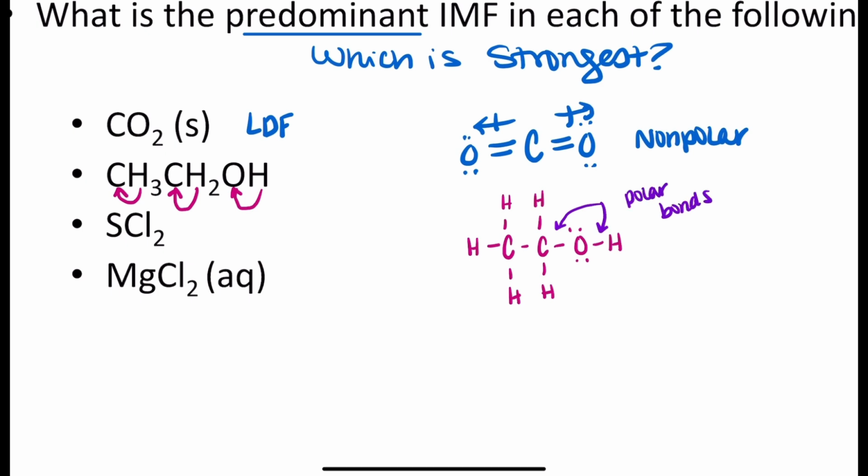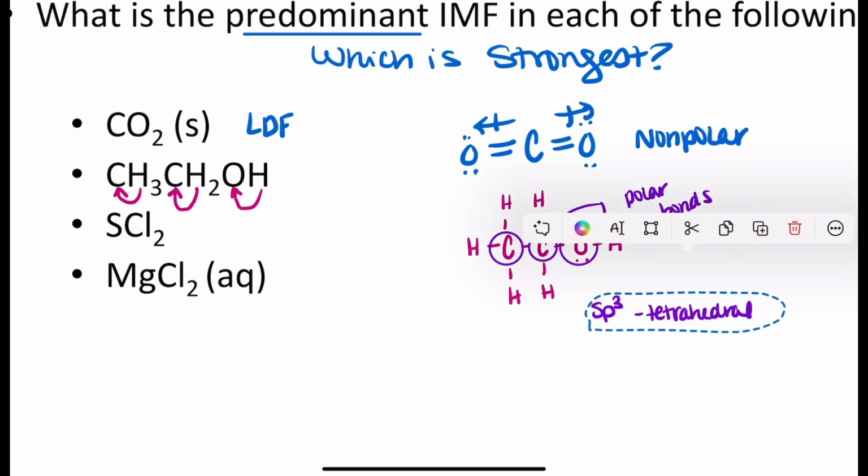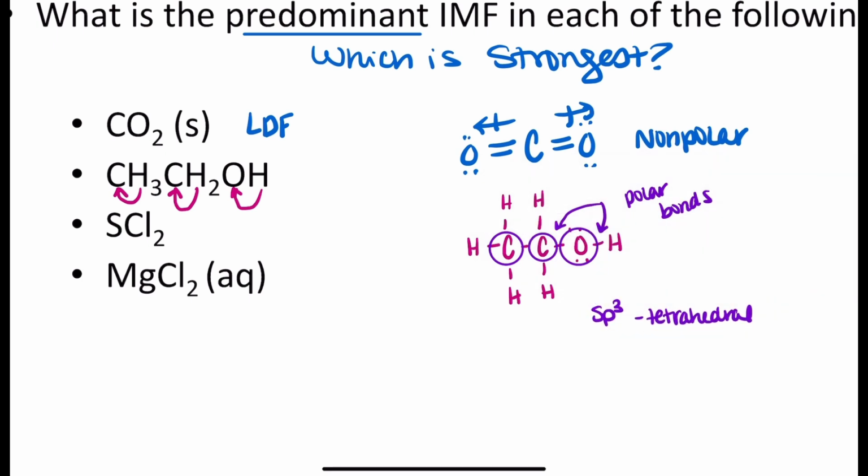And I say, is the molecule polar? And I say, let's look at it. Let's think about this. These are all sp3 hybridized, which means they're all tetrahedral. That oxygen is making the overall molecule not symmetrical. It's pulling electron density towards the oxygen.